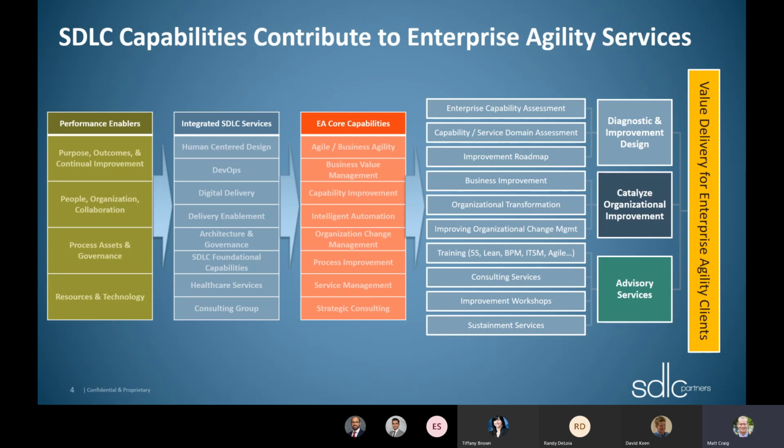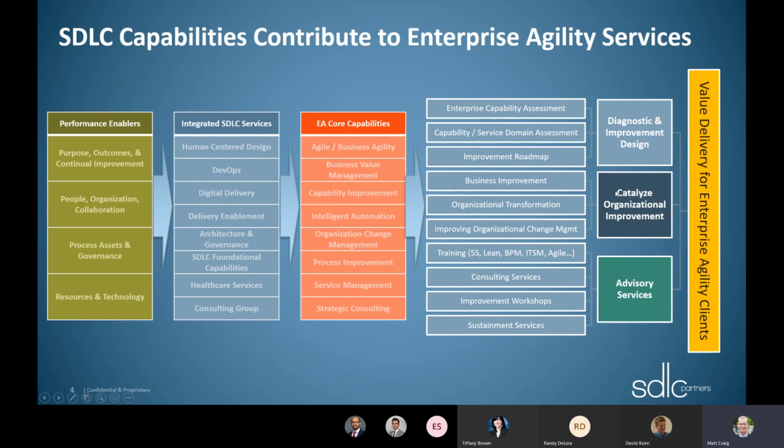The essence is that we can work with clients, and against the backdrop of what they're trying to understand or improve, we can diagnose what's actually occurring. We can do assessments, interview, and review materials and processes in a structured way to assess their current state and make clear recommendations to take them to a more improved future state. So that's the first family of services.